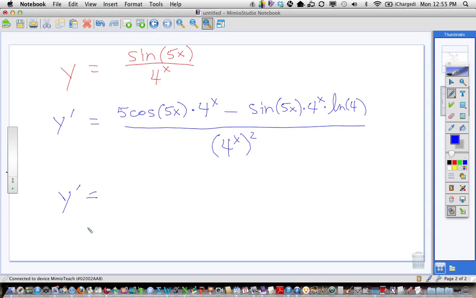I just realized the thing I wrote on the board, they couldn't see while I was recording, but anyway. So this 4 to the x and this 4 to the x, I could factor out of the top and cancel with one of these down here. And so it would end up looking like that. That is some simplifying I think you should do. To me that's fairly obvious, factoring out, and then it'll cancel, and we could do that.